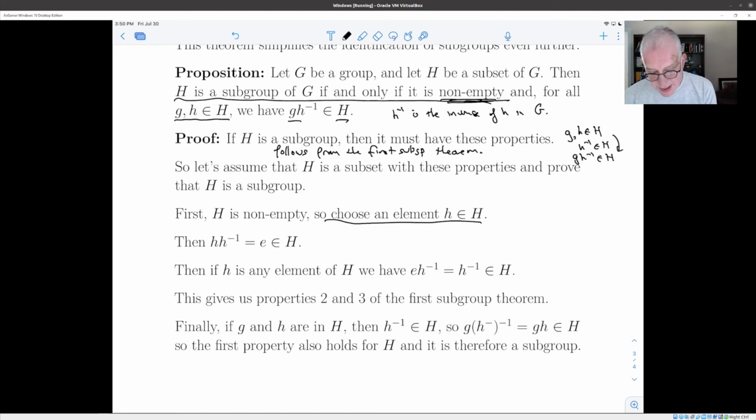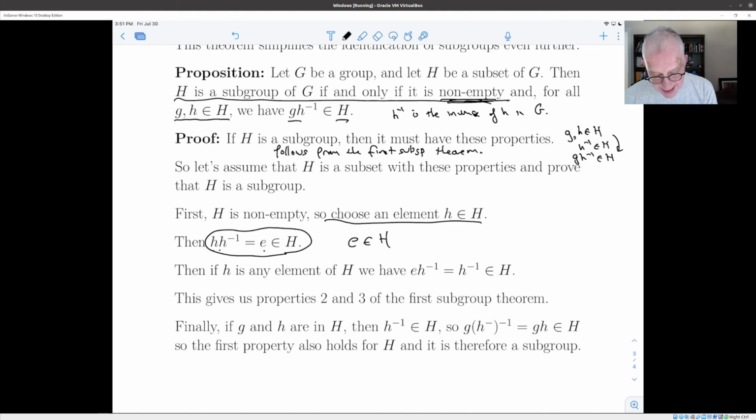And then using the property, it has to be the case that h times h inverse, which is equal to the identity, belongs to H. This is because we use g equals h and h equals h, and we multiply h times h inverse. That's a calculation in the group G. It's equal to the identity. And by the property, that belongs to H. So we have the identity element belongs to H.